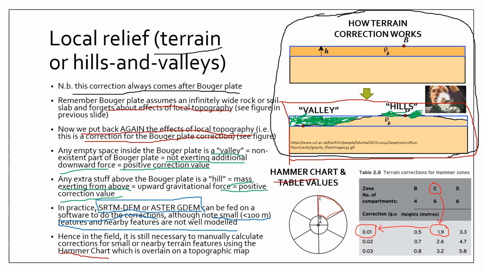This hammer chart is basically a chart that is printed on a transparency. So if you're old enough to know what an acetate is, congrats. This stuff is printed on an acetate, and then it has a printout of compartments and concentric rings, and you overlay that on the map.